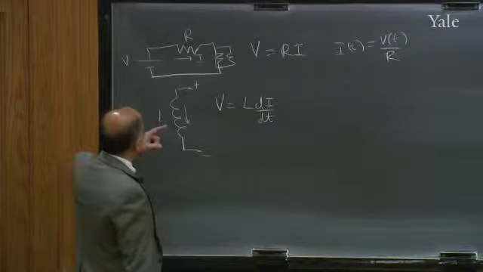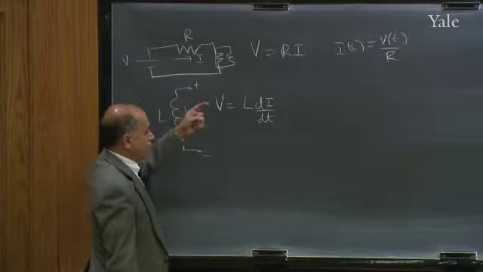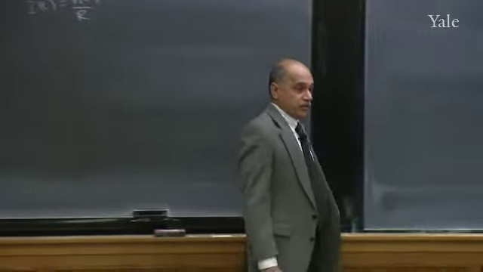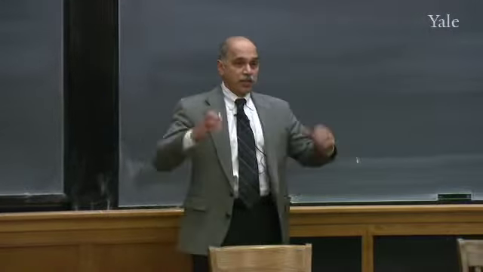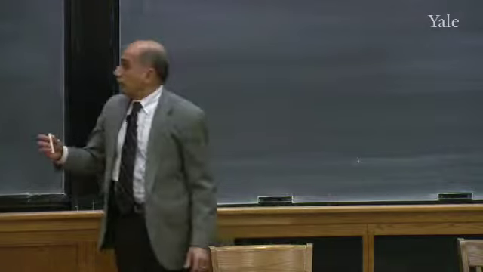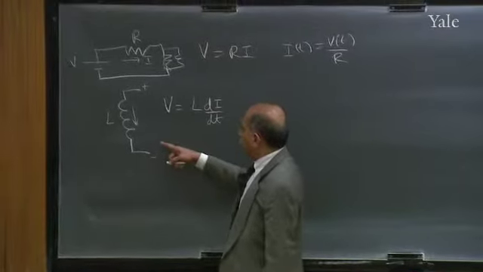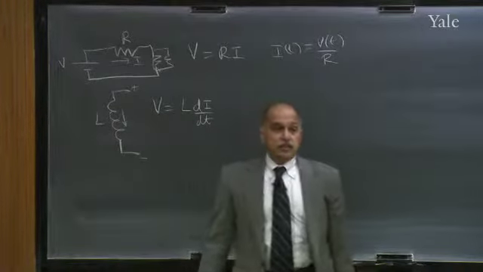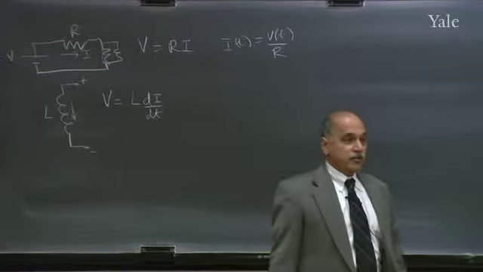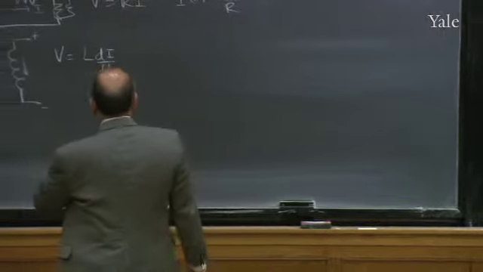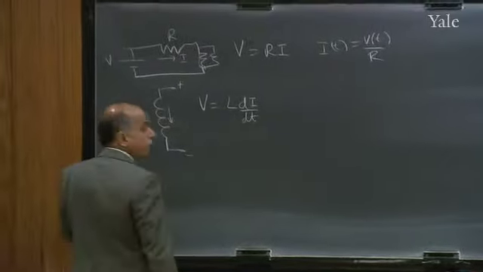Second thing is, when a current flows through a resistor, whatever energy you provide is gone in the form of heat. It is dissipated, the light bulb glows, and that's the end. With an inductor, when you drive a current, you are building a magnetic field inside the inductor. There's an energy associated with the magnetic field, and that stored energy will be given back to you later on.